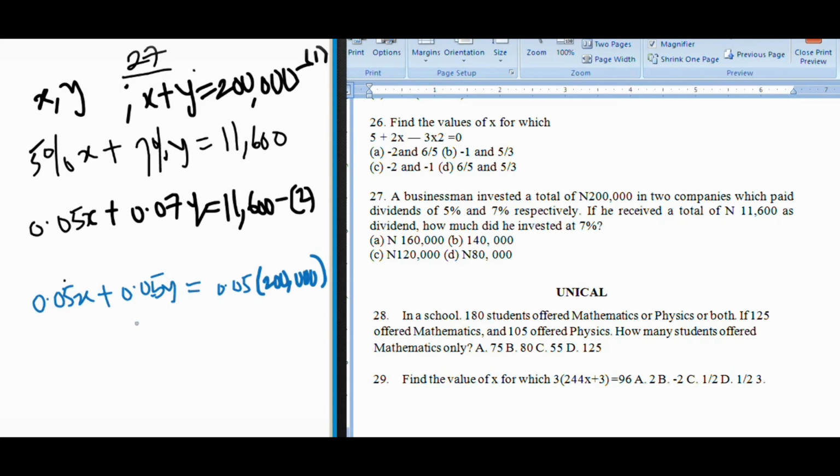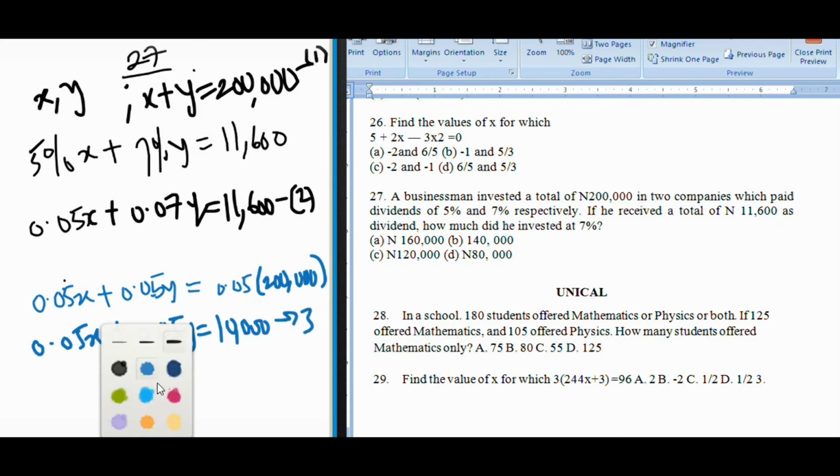Now if we subtract equation 3 from 2, then X will go, now 0.07 minus 0.05 will give us 0.02y. That will be equals to 11,600 minus 10,000. That will give us 1,600. Now divide both sides by 0.02 will give us our y.